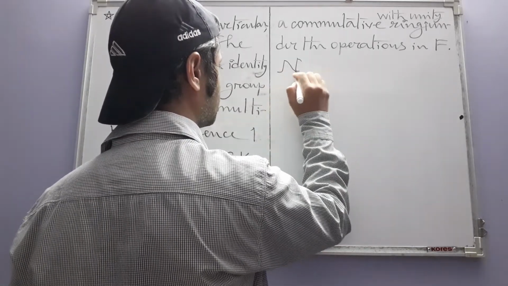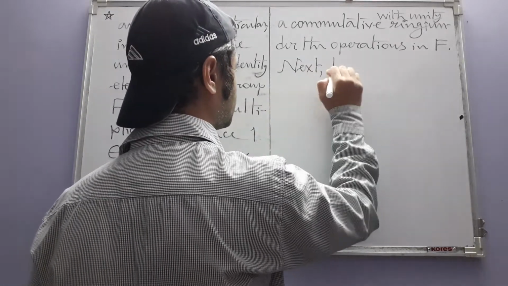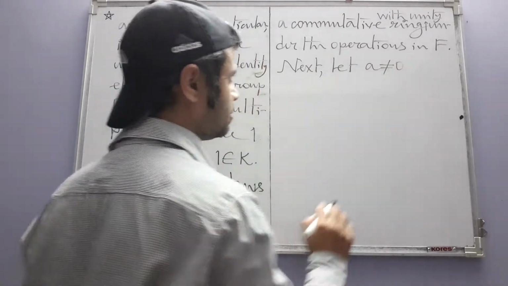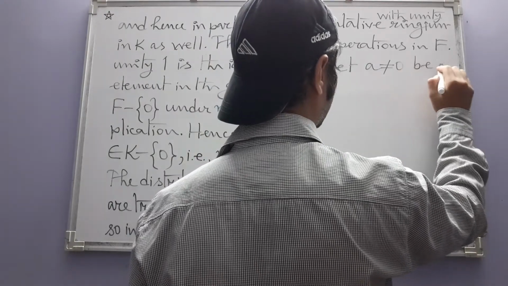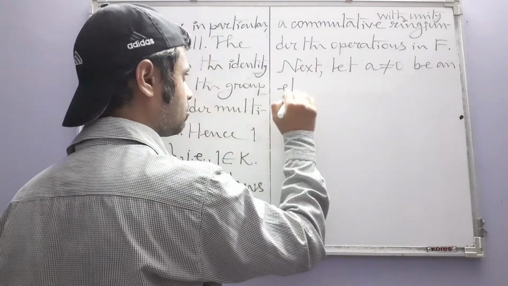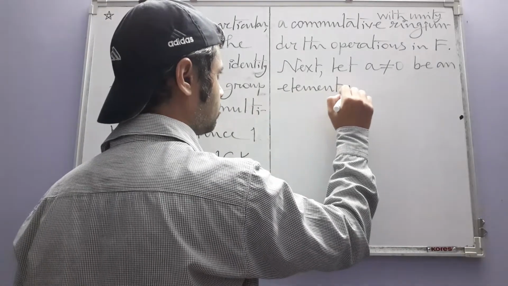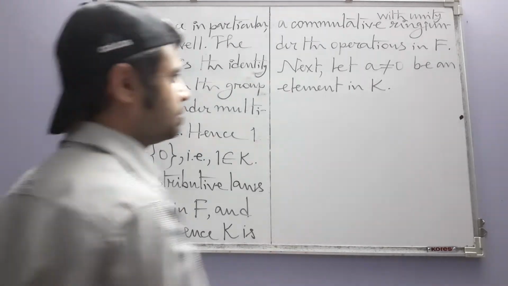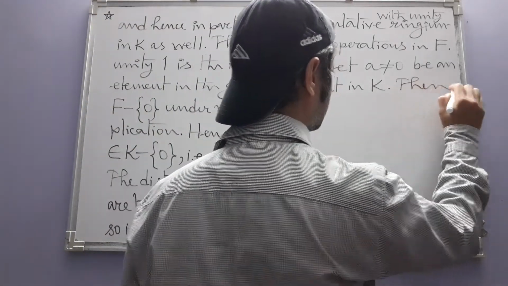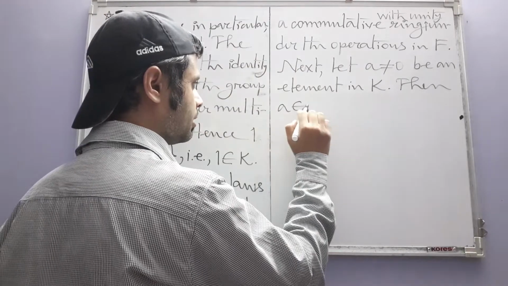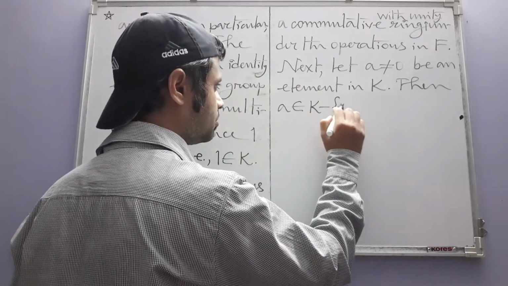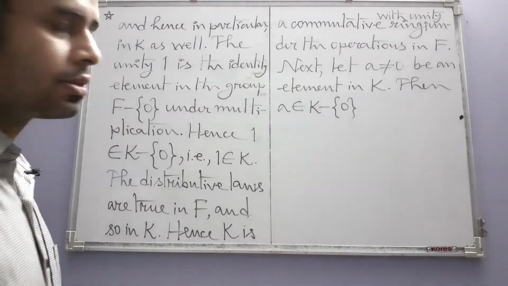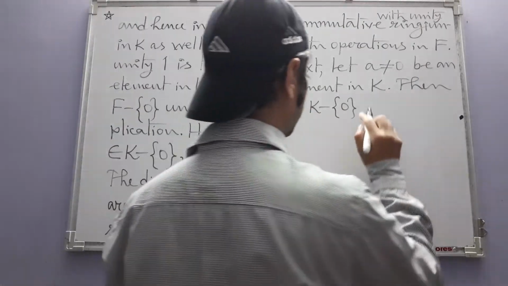Next, let A be a non-zero element in K. Then A is an element in this group under multiplication, so its inverse will exist, and that too in the group itself.